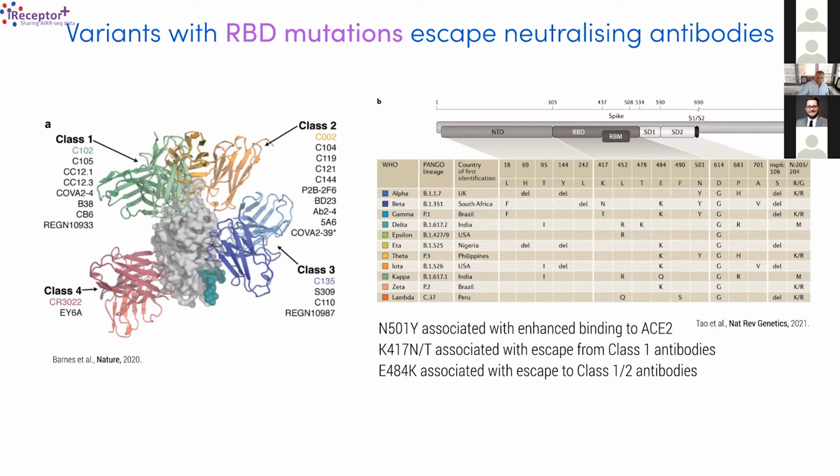Class 3 is a little bit more distant. What you can see here is Regeneron 10987, which is one of the therapeutic antibodies, and also S309, the antibody approved from Vir in partnership with, I think, GSK. So that's also a clinically used antibody.